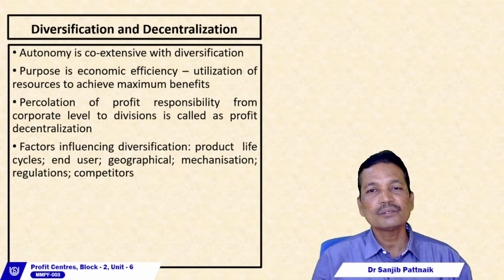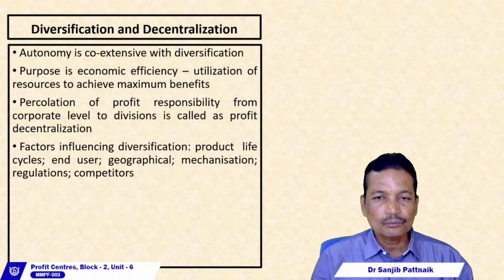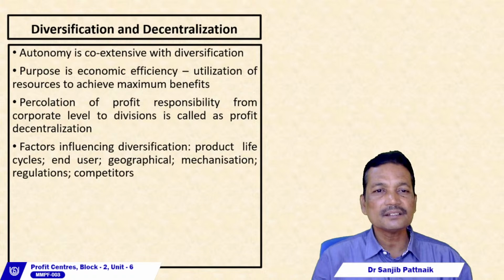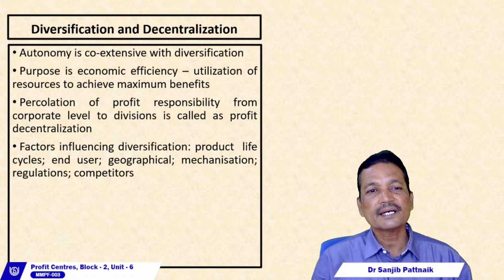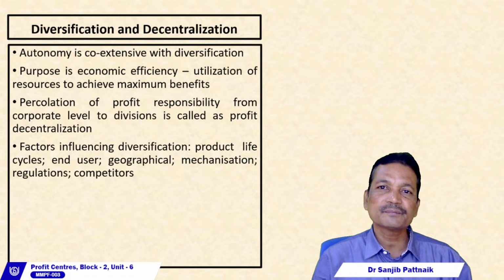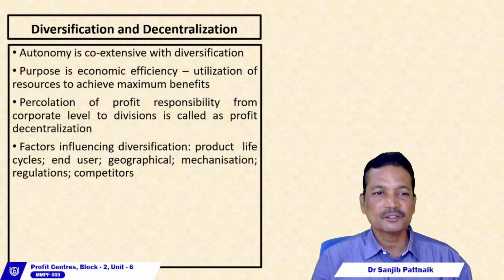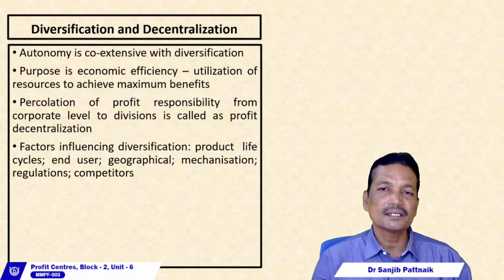That means we try to divide the resources among various divisions so as to achieve maximum benefits from all the divisions. The percolation of profit responsibility from corporate level to divisions is called profit decentralization.